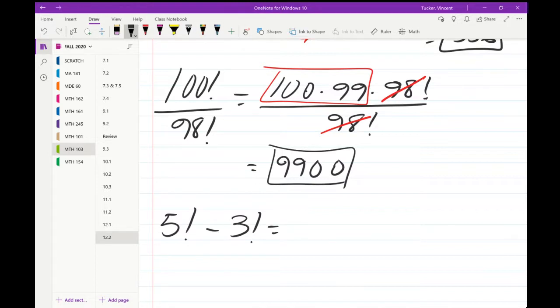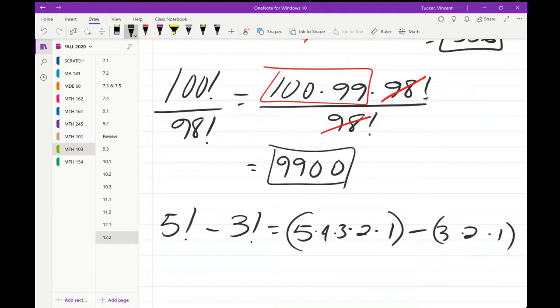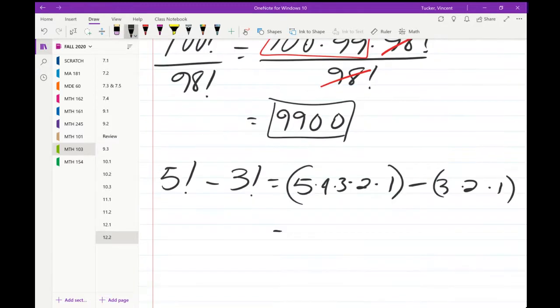All right. Another one you may see is 5 factorial minus 3 factorial. We cannot subtract them from each other and get 2 factorial. We have to expand it out. 5 factorial is 5, 4, 3, 2, 1. Then 3 factorial is 3, 2, 1. So that multiplication is 120. 3 times 2 times 1 is 6.